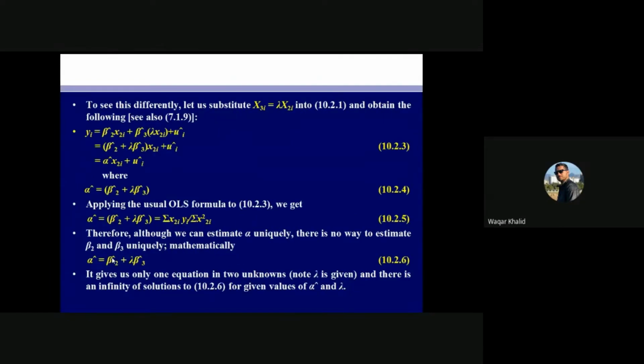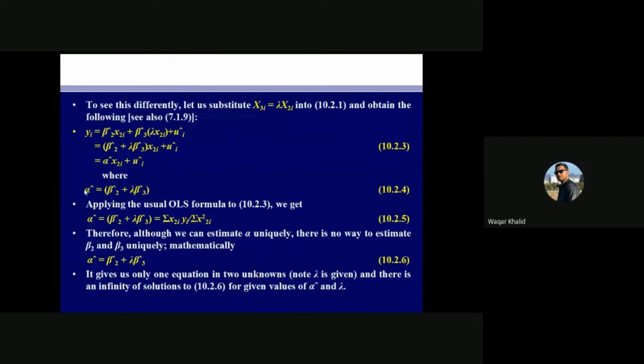If you want to see the mathematical manipulation, you can do it very simply. You just need to substitute the expression as in equation 10.2.3. You will get, suppose, alpha, and you know that alpha is the combination of beta 2 plus lambda beta 3. Now when you run this regression, the EViews software will give you an answer for alpha.